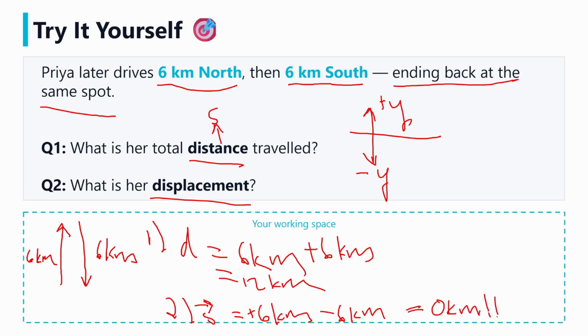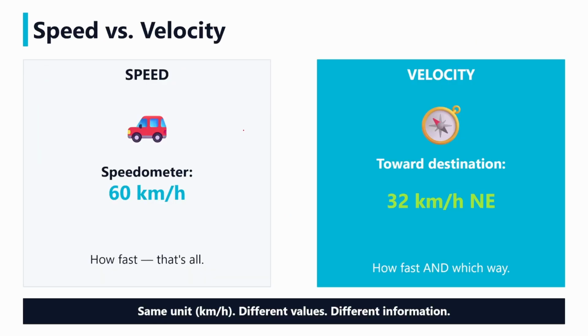This is very important. Why? Because this keyword, ending back at the same spot, instantly tells you that the displacement is zero. Why? Because the initial position and the final position are the same. The distance between them is zero. Why? Because it's the same thing. So displacement is zero.